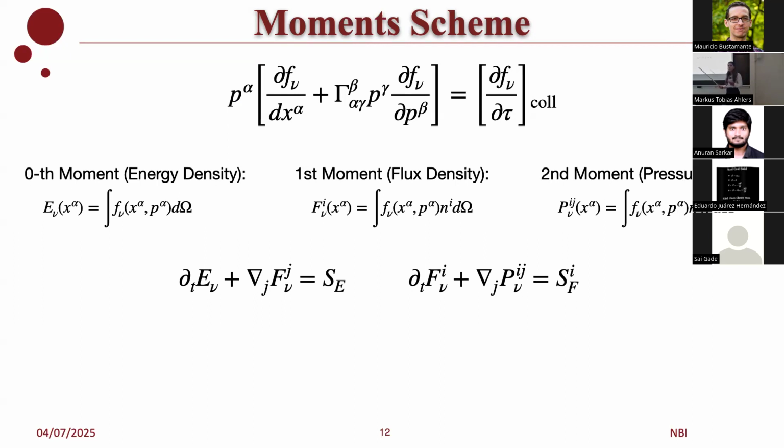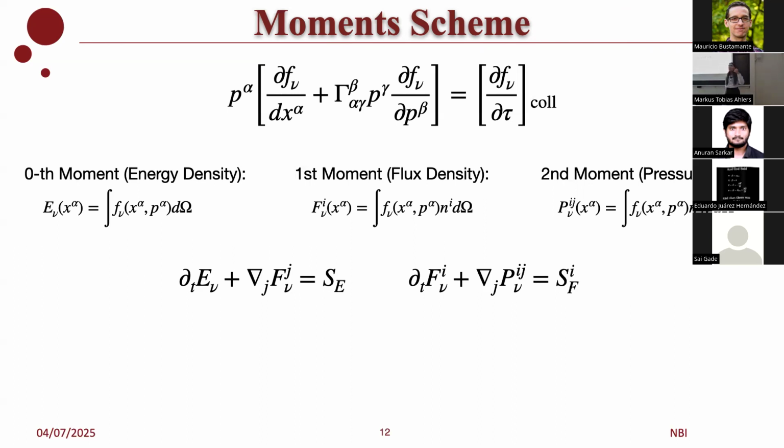This is typically where we stop, and it's called the M1 scheme, which only takes into account the evolution of the first 2 moments. But what I want you to pay attention to here is that if we want to solve the evolution equation for energy density, for example, it depends on flux. And the evolution equation for the flux depends on the pressure tensor.